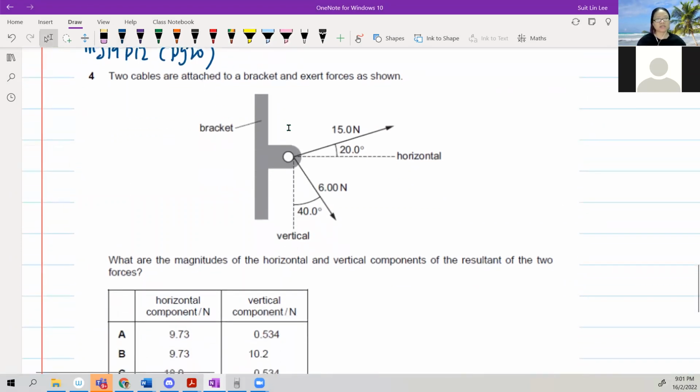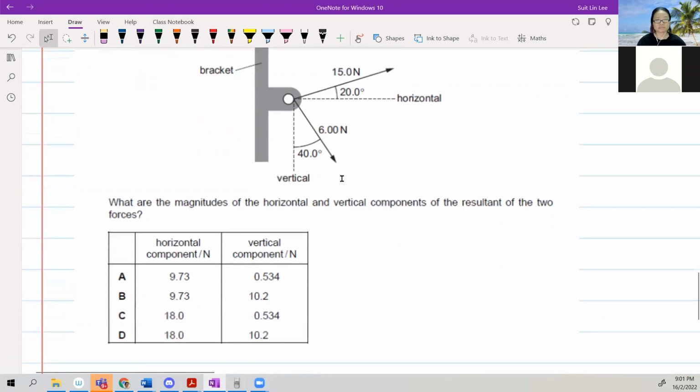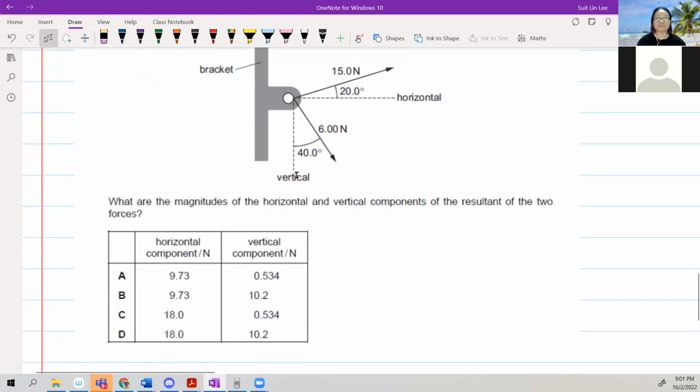Two cables are attached to a bracket. And then the forces are 15 Newton and 6 Newton. They even helpfully marked out the vertical and horizontal direction. Nice. What are the magnitudes of the horizontal and vertical components of the resultant force?